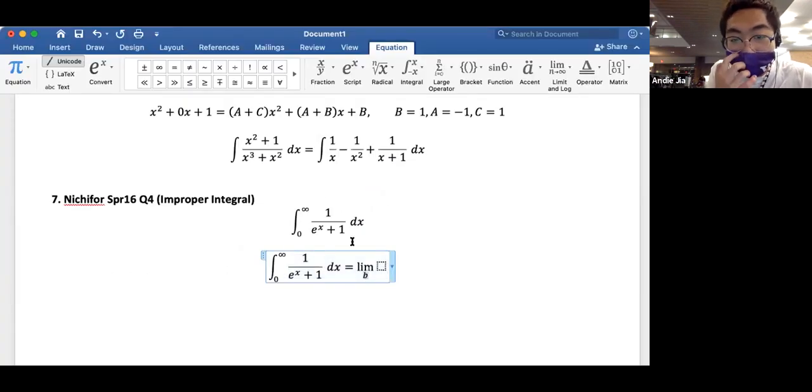This is like infinity out of bound. I think this should be type 2 or type 1, or whatever it is.